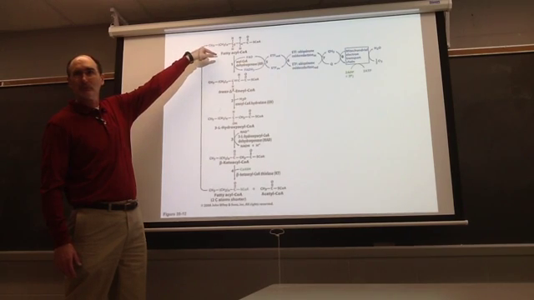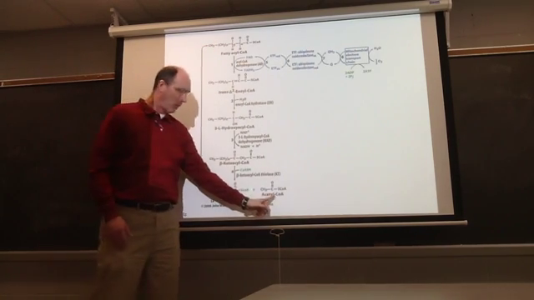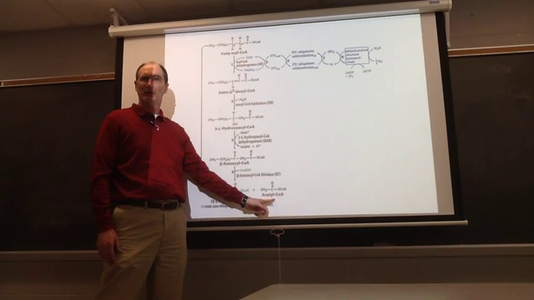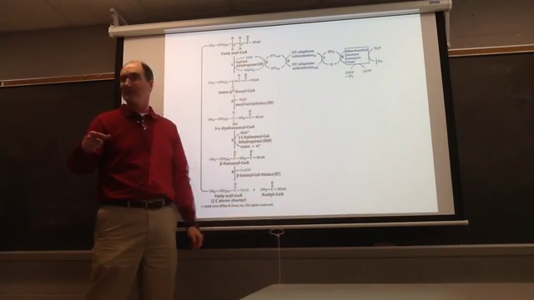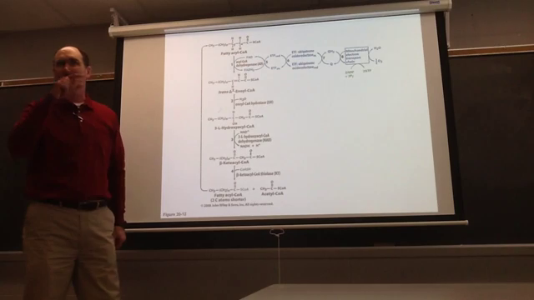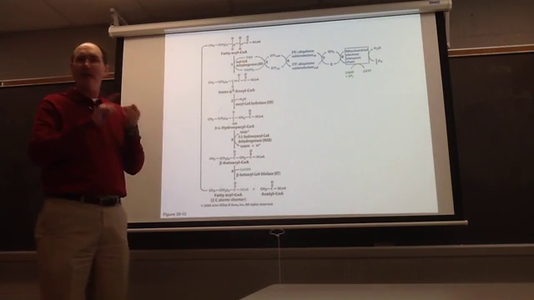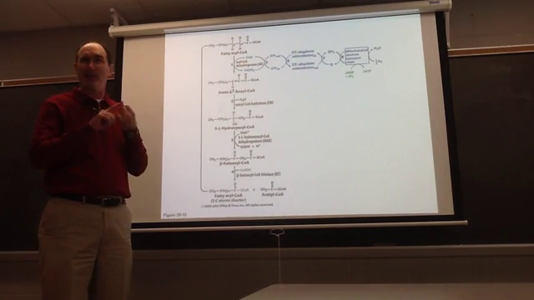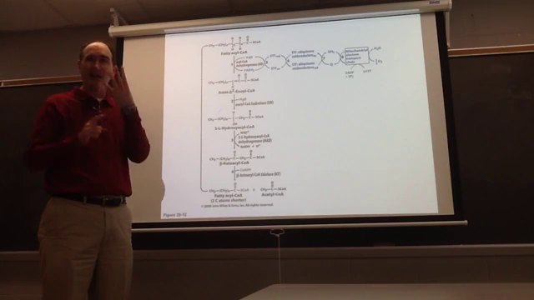You just do it again. So what happens to the acetyl-CoA? It goes to the citric acid cycle. In the citric acid cycle, we get isocitrate dehydrogenase, alpha-ketoglutarate dehydrogenase, an ATP directly, succinate dehydrogenase, malate dehydrogenase.